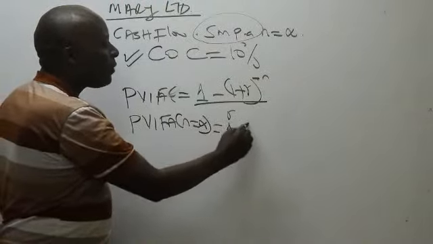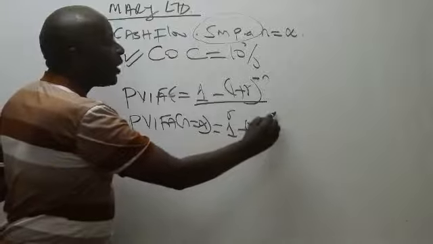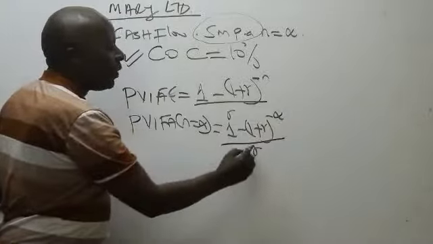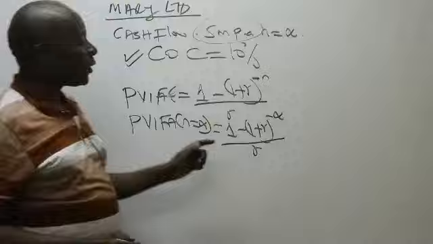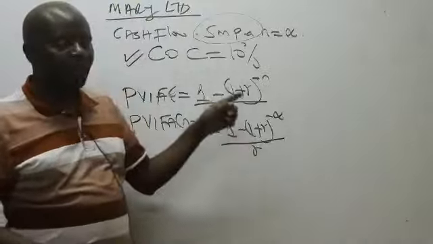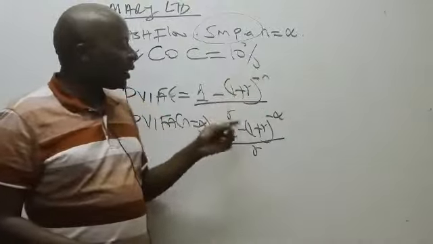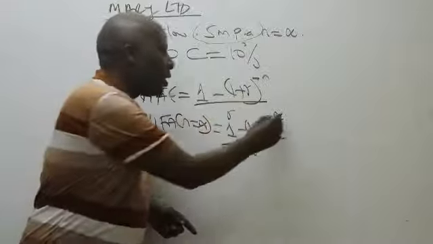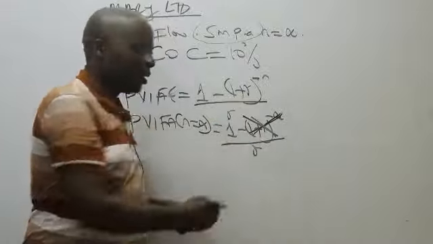So it will be 1 minus (1 plus R) raised to negative infinity, all over R. Of course, you and I know that anything that is raised to a negative infinity, this term here will disappear.